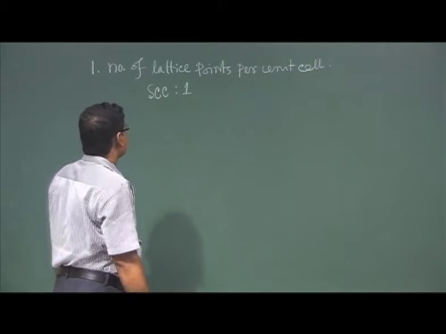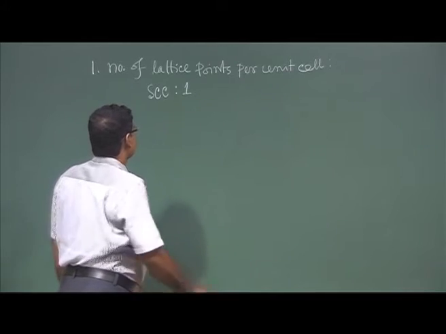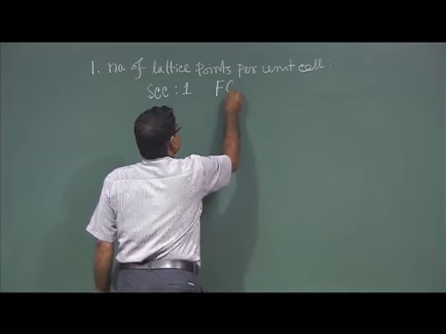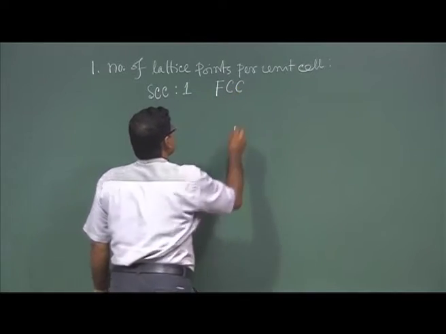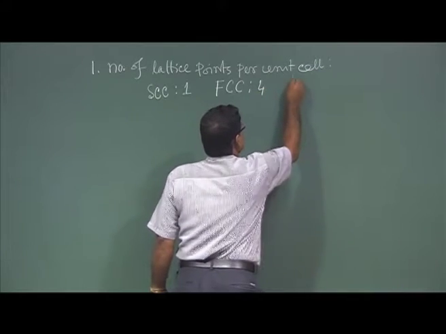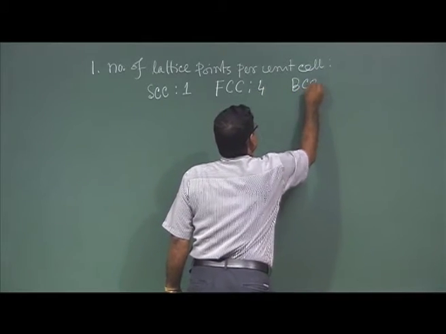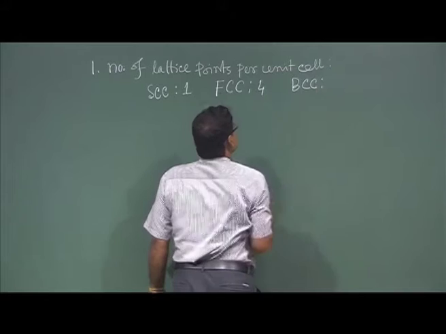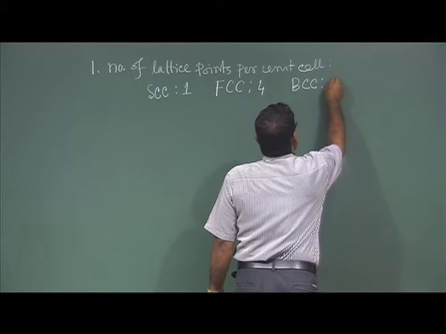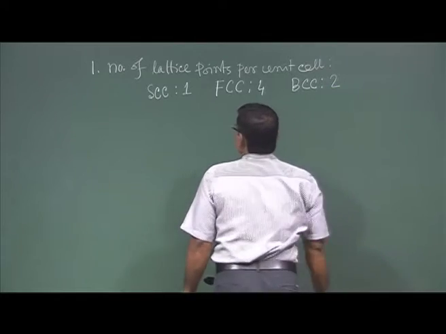Number of lattice point is 1 per unit cell for simple cubic, for FCC, face centered cubic, we have seen this 4, and BCC, body centered cubic, that is we have seen this 2.